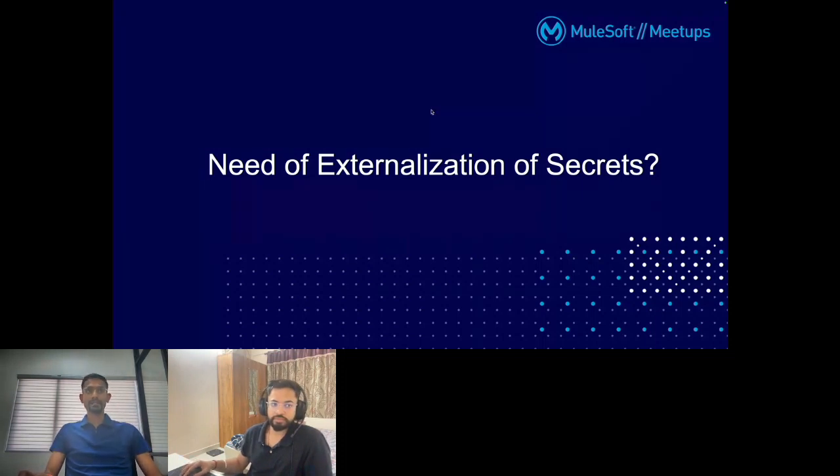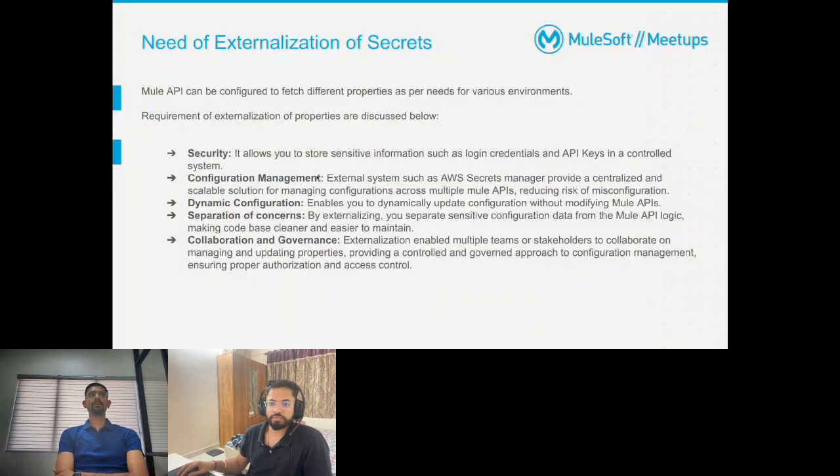So I can take it up from here, mentioning the need for externalization of secrets. As we all know, in an API we have tons of properties, be it host, usernames, secure passwords, and API keys. They need to be configured in your Mule APIs, which makes it difficult to maintain.